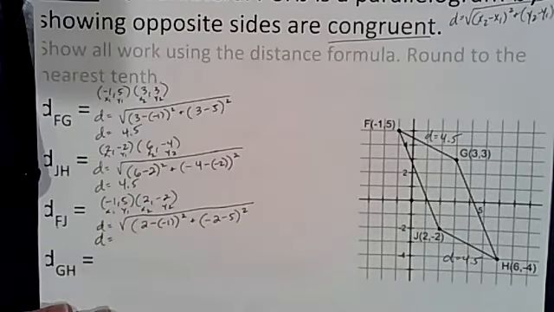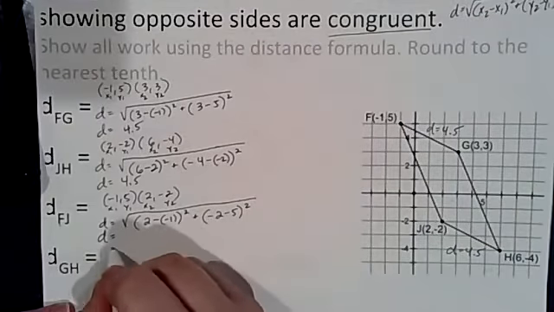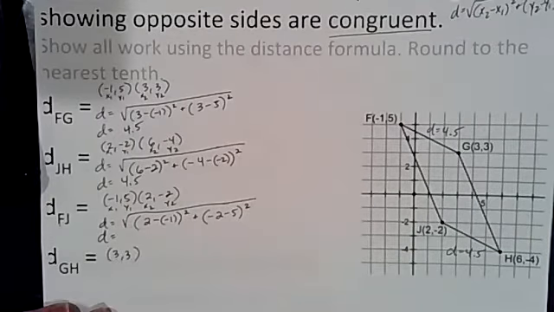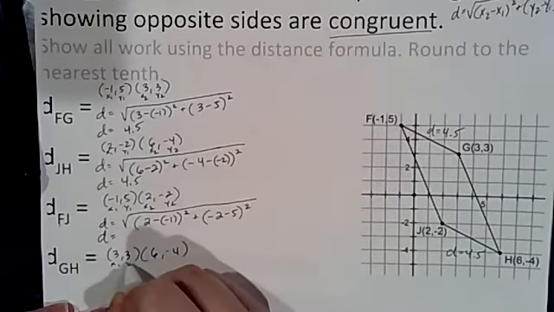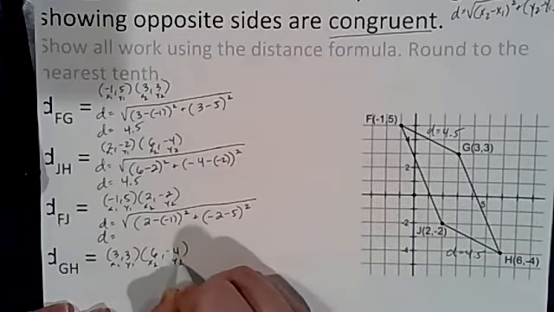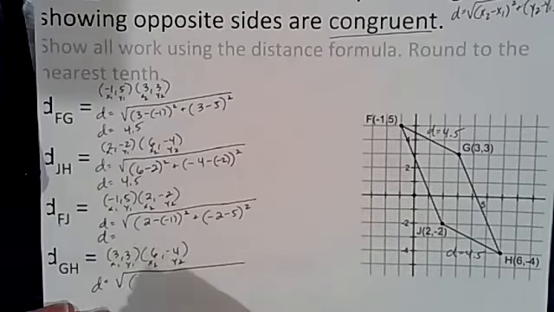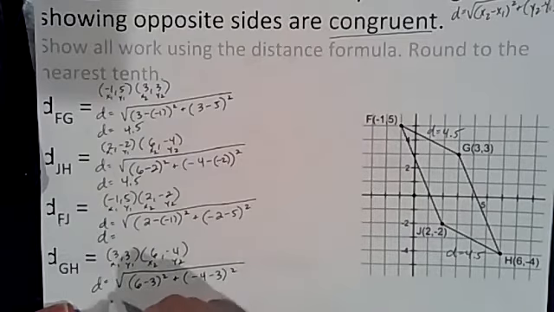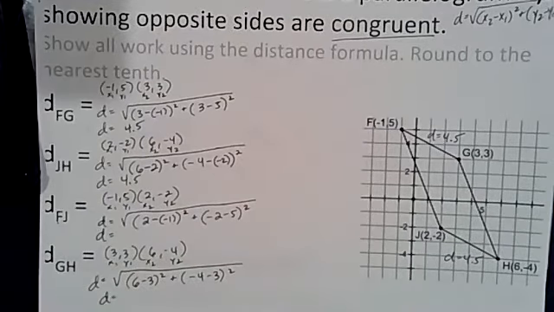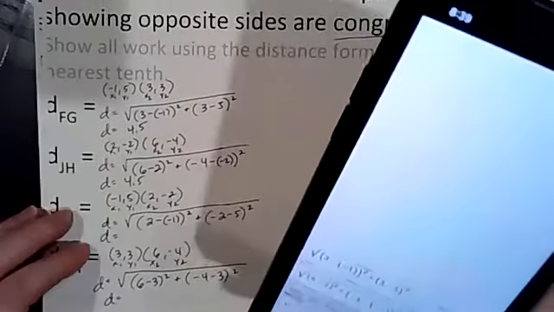My distance equals, and we'll find out. Last one, G is 3, 3. H is 6, -4. X1, Y1, X2, Y2. Plugging in, my distance is 6 minus 3 squared plus -4 minus 3 squared. My distance equals, okay?